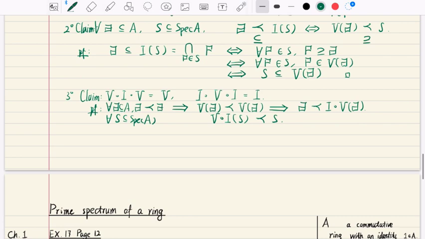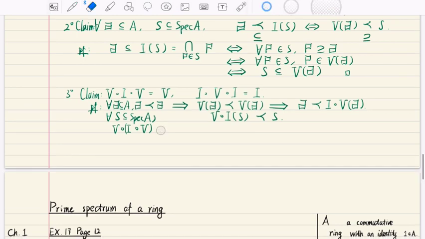So if we compose three of them, we will have the composition of V and I and V. If you look at here, by associativity this is equal to this.